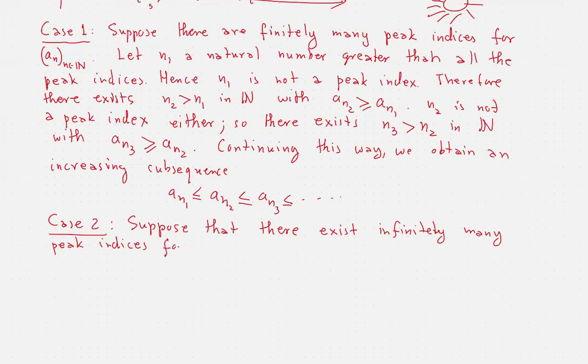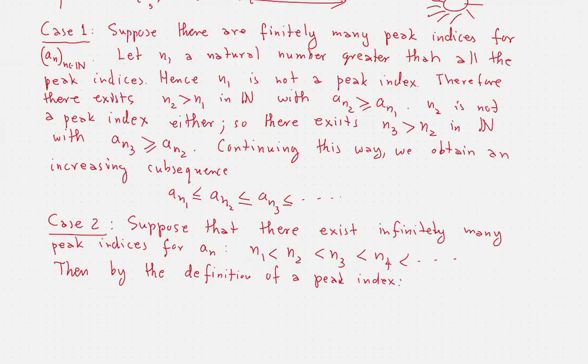And here they are, n_1 less than n_2 less than n_3 less than n_4, and so on. Then, by the definition of a peak index, we know that we're going to have a_{n_1} is greater than a_{n_2}, is greater than a_{n_3}, and so on. So we get a strictly decreasing subsequence.